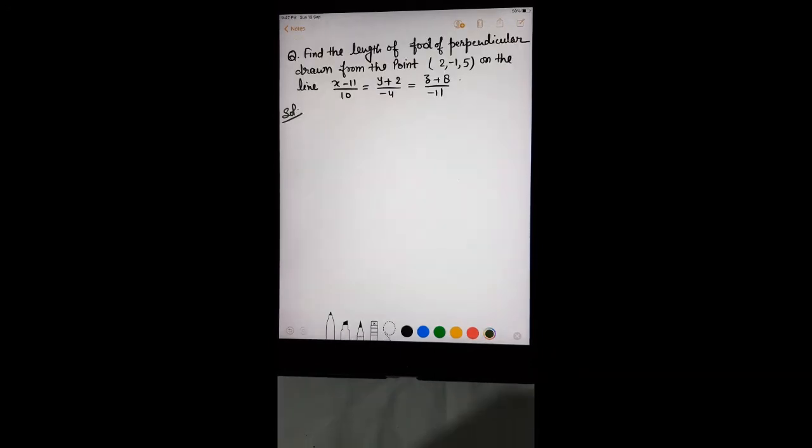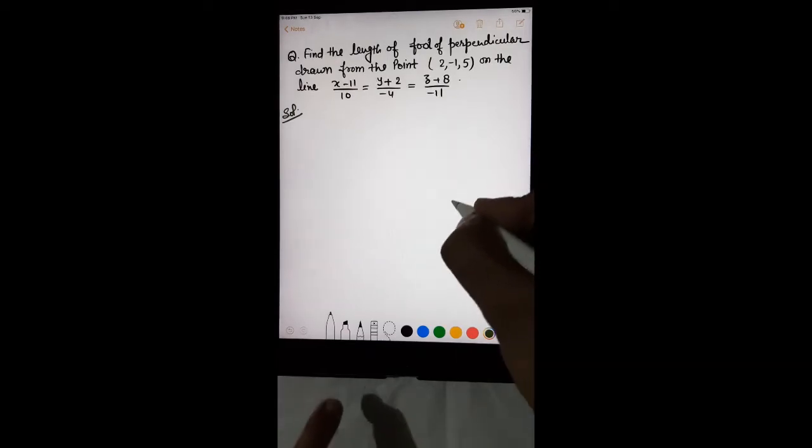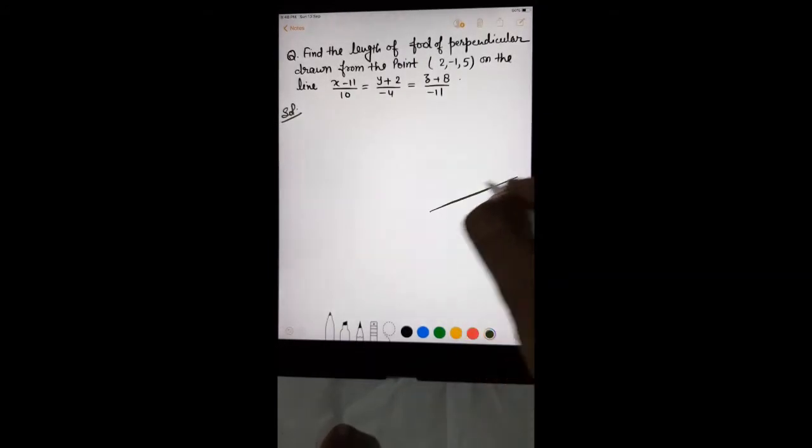Now let us see another question in which we have to find the length of the foot of the perpendicular drawn from the point 2, minus 1, 5 on the line (x minus 11) upon 10, (y plus 2) upon minus 4 and (z plus 8) upon minus 11. So see the figure.